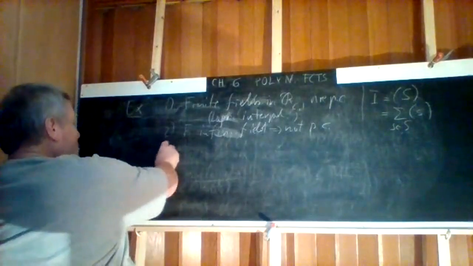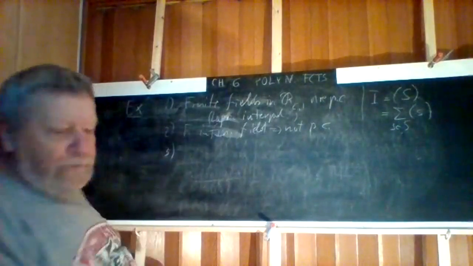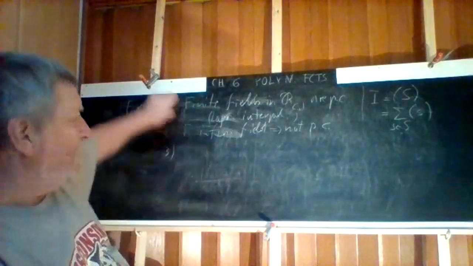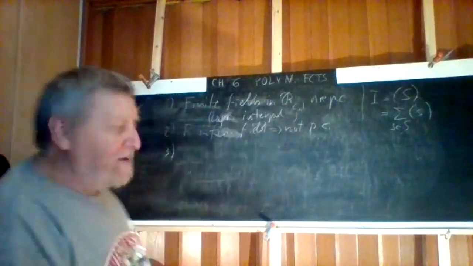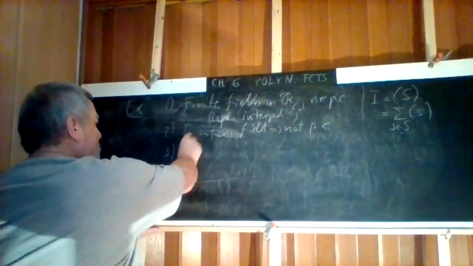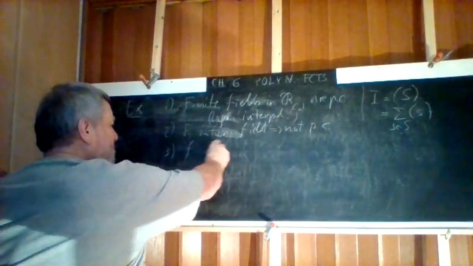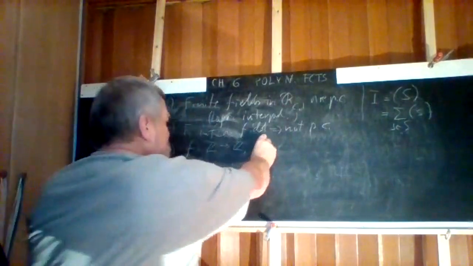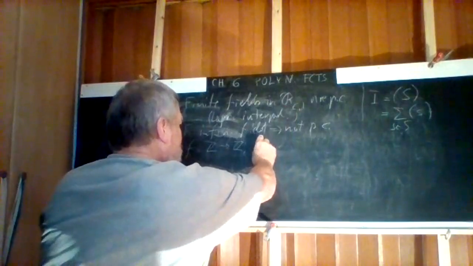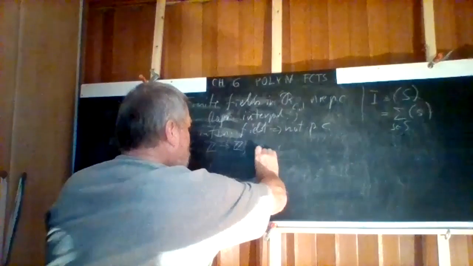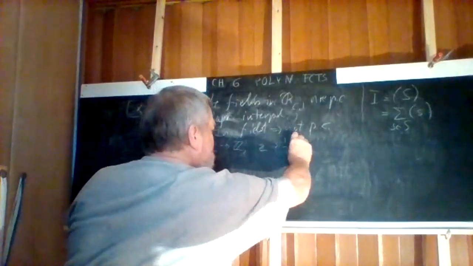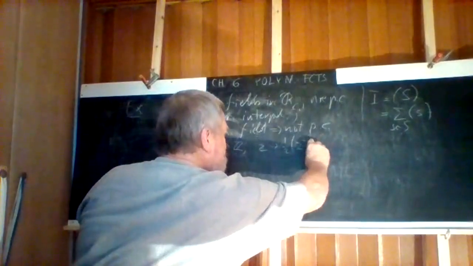Example 3. Take still the same ring as here. Take f to be the function from the integers to the integers, sending each element z to 1/2 times z squared plus z to the 4th.